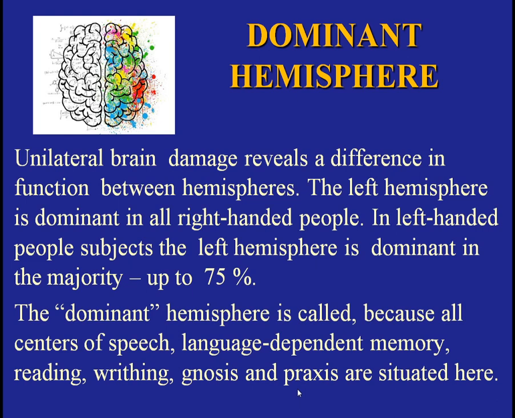I want to give a definition of dominant hemisphere. Unilateral brain damage reveals a difference in function between hemispheres. The left hemisphere is dominant in all right-handed people. In left-handed people, the left hemisphere is dominant in the majority, up to 75%.